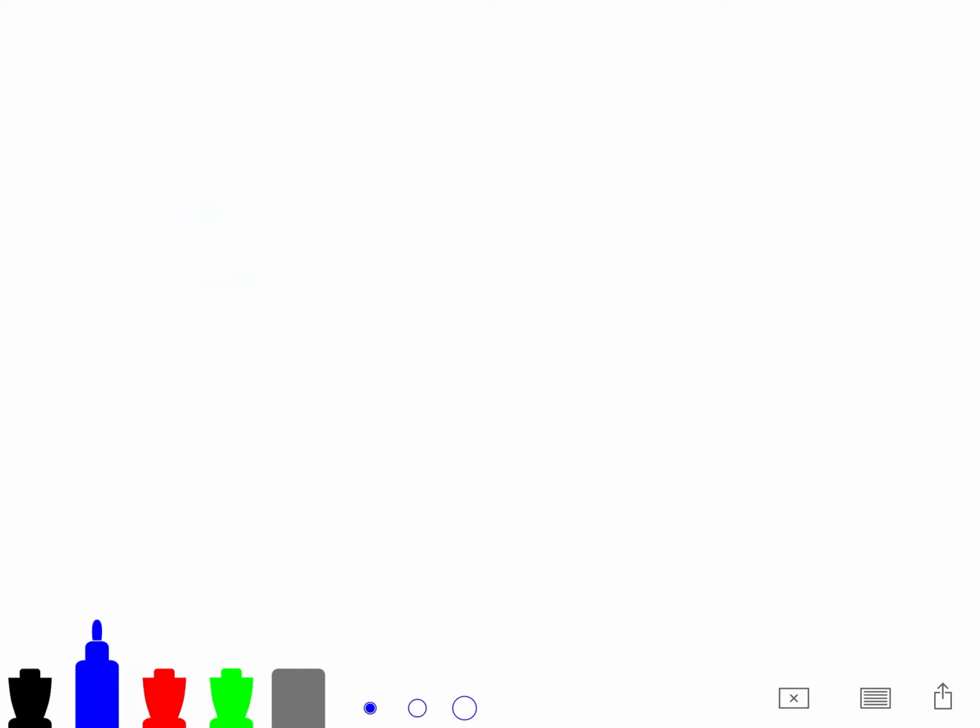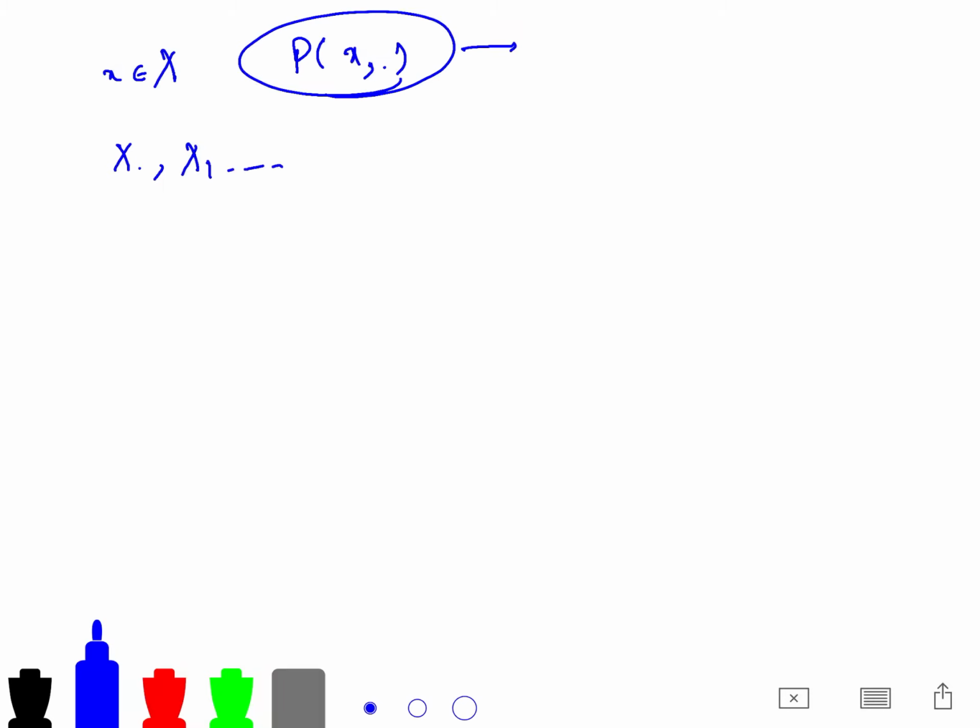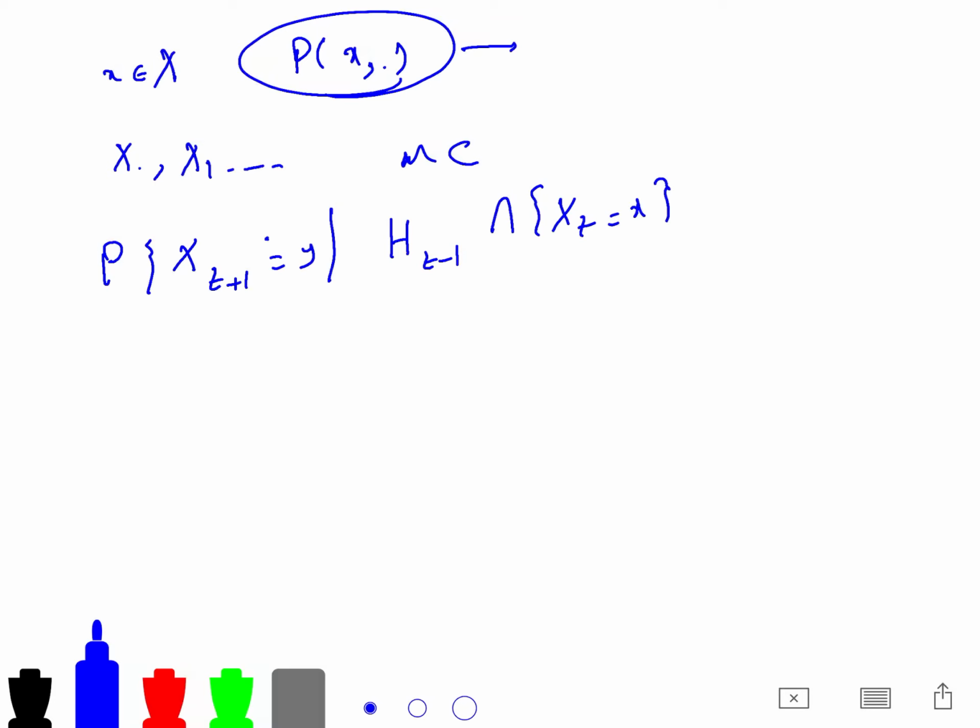So we are at x, and the transition probability depends only on x. As usual, X0, X1, ... is a Markov chain, and the probability that X_{t+1} equals y conditioned on H_{t-1} and X_t equal to x.